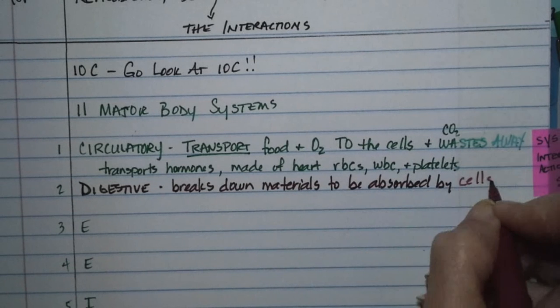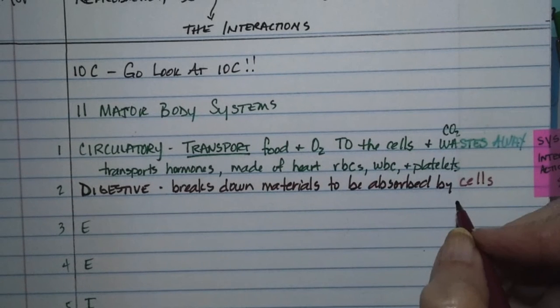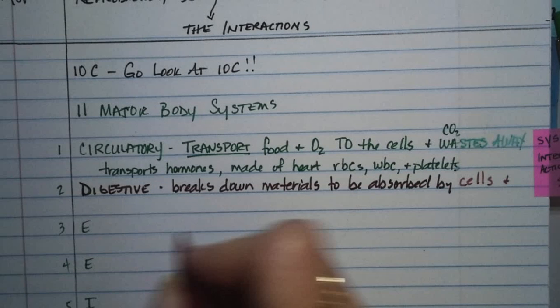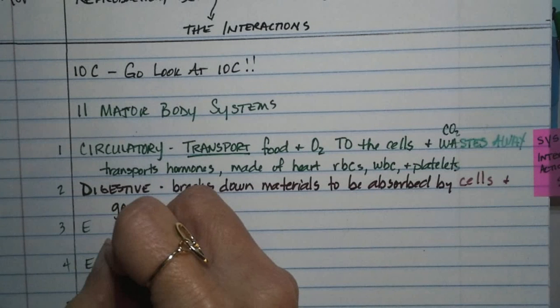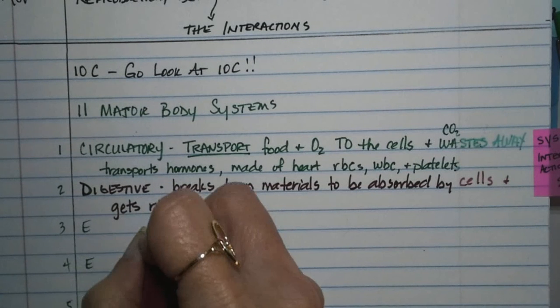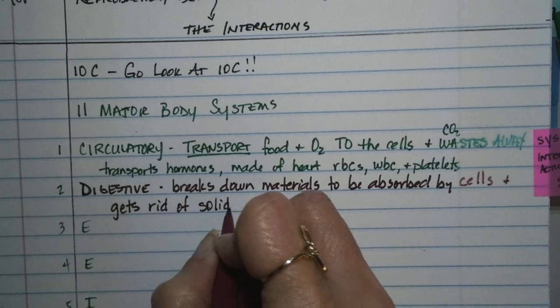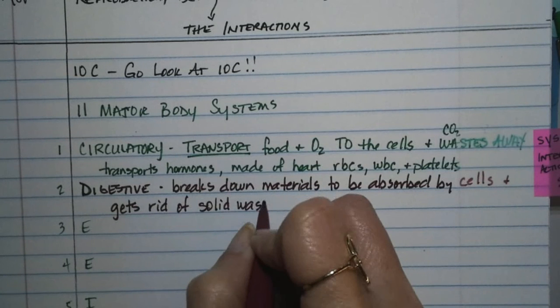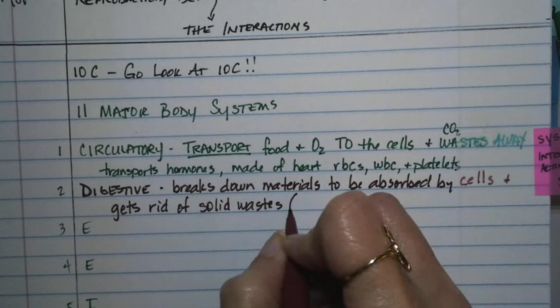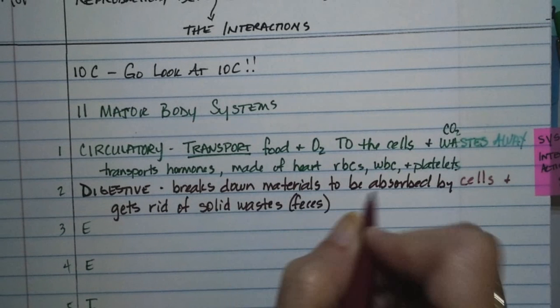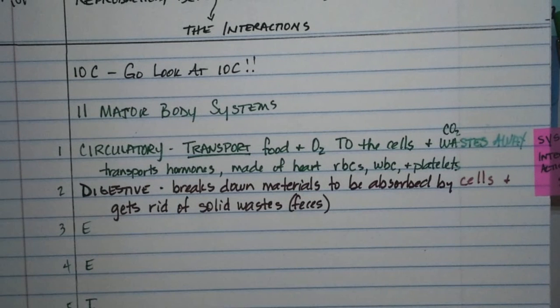It gets rid of solid waste, only the solid waste. That's called feces. Okay. If we're going to transport food in the circulatory system, we have to get it into a small enough particle so that it can go into the blood.